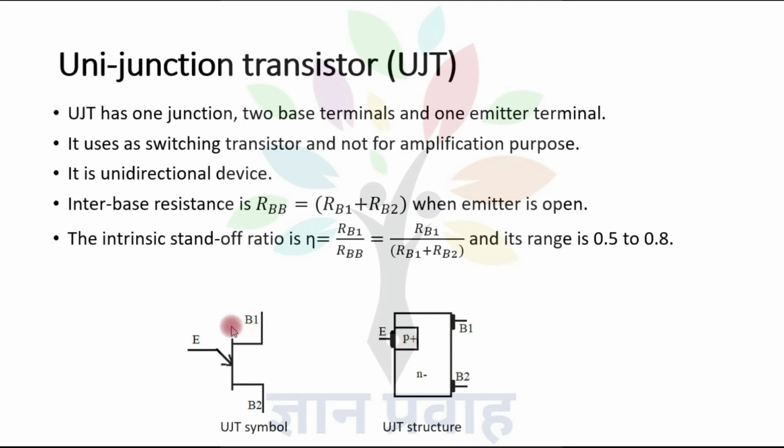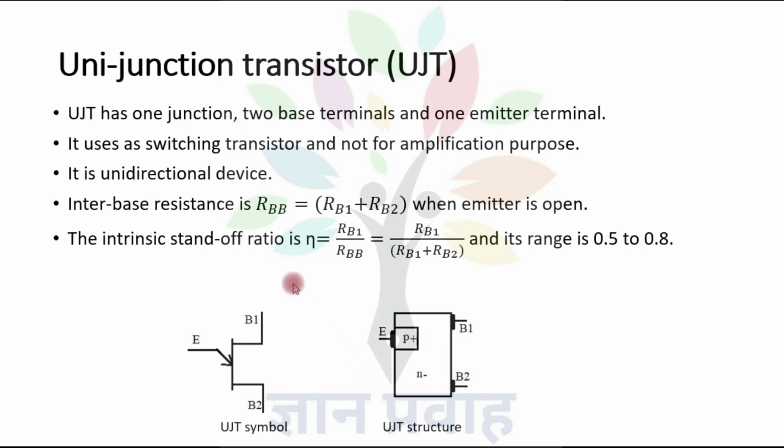and the logical symbol of UJT is given here: B1, B2 base terminals and E emitter terminal. So when the emitter is open, when we are not applying voltage at the emitter terminal, then the resistance between B1 and B2 terminals is called interbase resistance, and its value is always RB1 plus RB2. If RB1 is the resistance offered by base 1 and RB2 is the resistance offered by base 2.